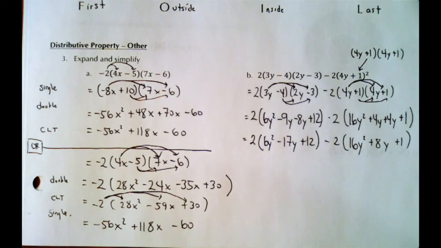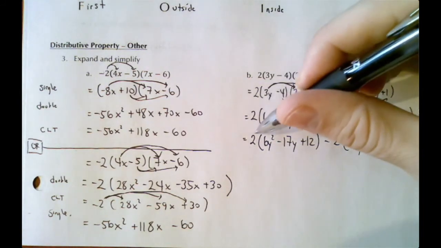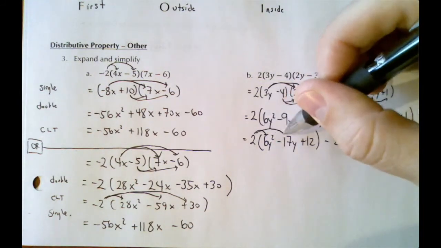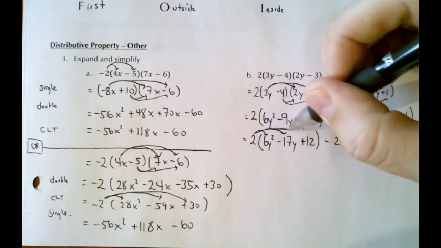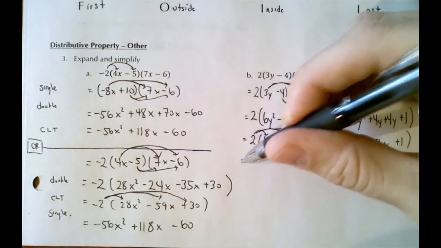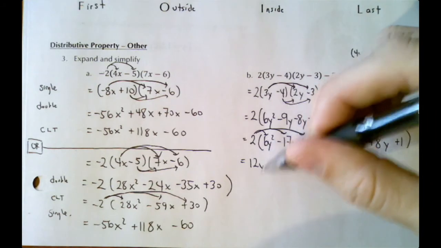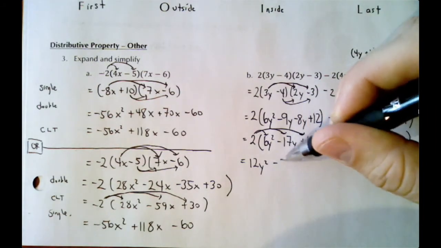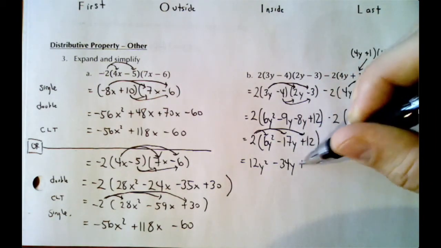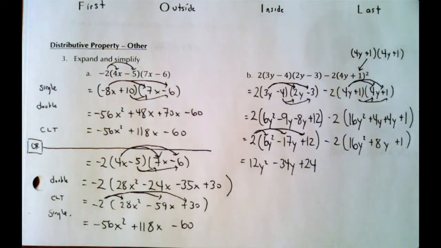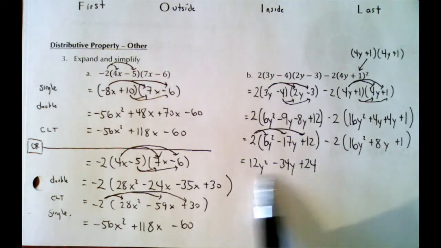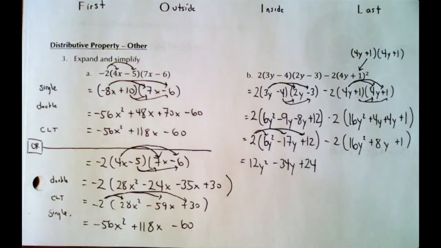And now we can distribute in the numbers. We've got 2 times 6y squared, 2 times negative 17y, and 2 times 12. Well, that would be 12y squared, negative 34y, plus 24. Once we do our last multiplication, that opens up the brackets, and now we don't have any terms in brackets.